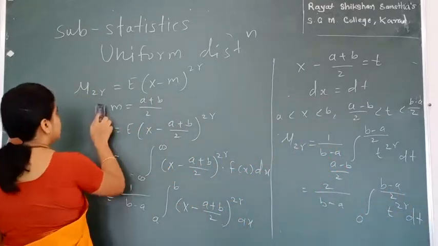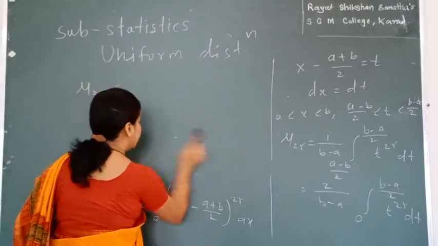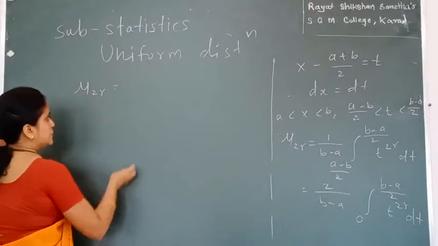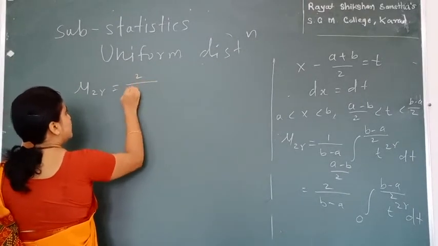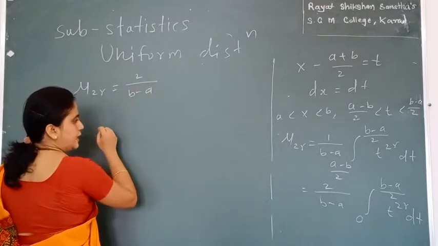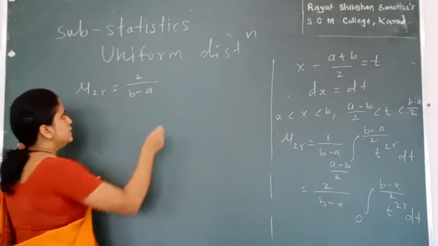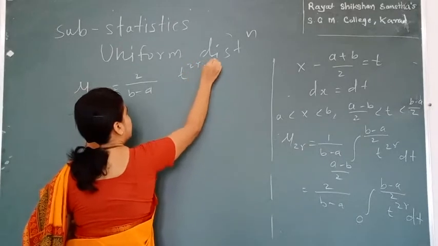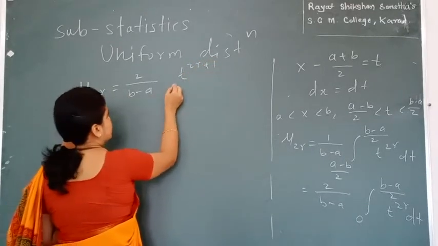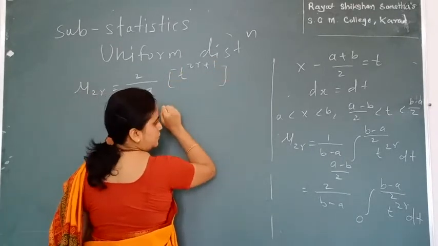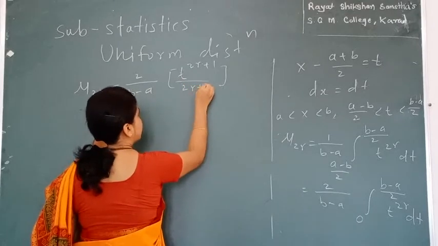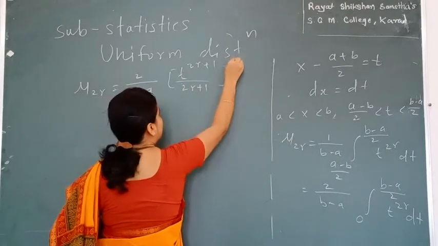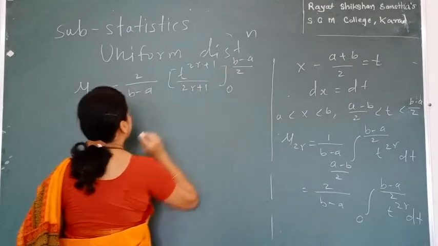So we can solve this integral for mu 2r. It is 2 divided by b minus a, and the integral now becomes t raised to 2r plus 1 divided by 2r plus 1 for the range 0 to b minus a divided by 2.